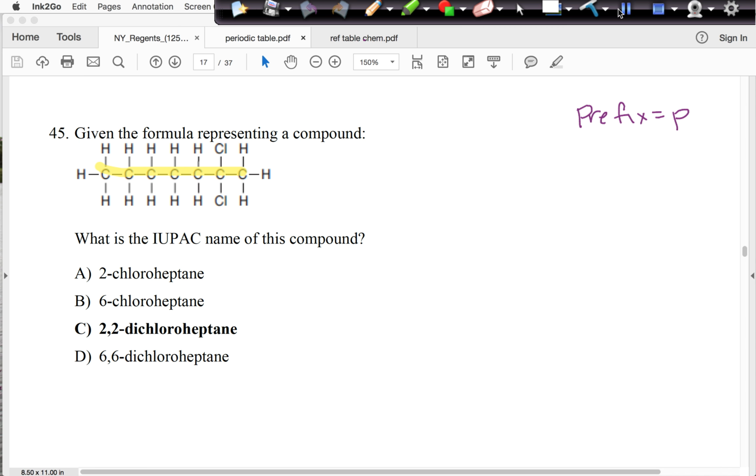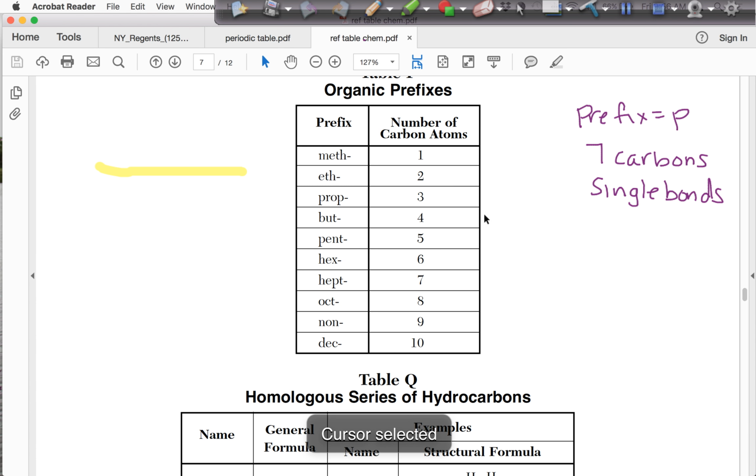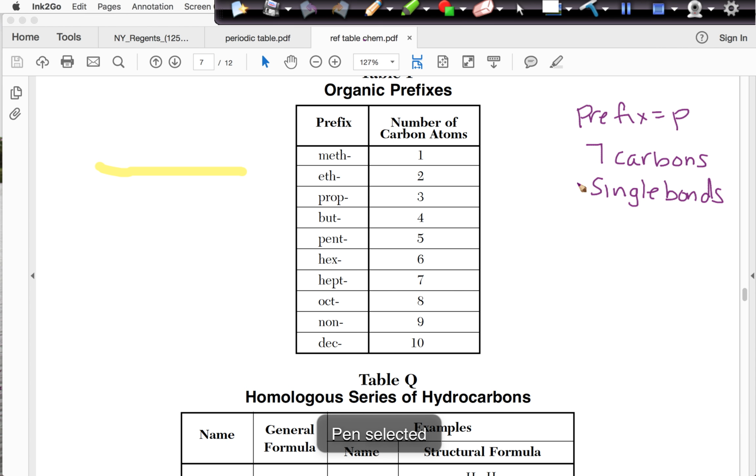And when we count the number of carbon atoms in this chain, we have 1, 2, 3, 4, 5, 6, 7 carbons. And those carbons have single bonds. So when we look at table P, 7 carbons is represented by the prefix hept, hept 7.